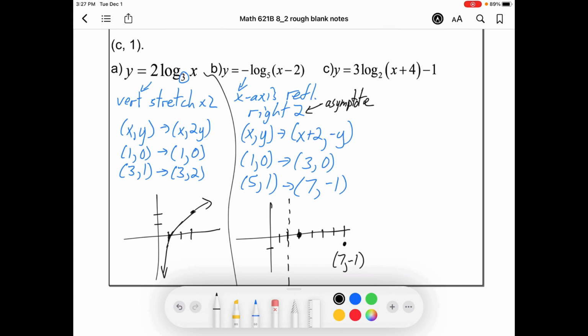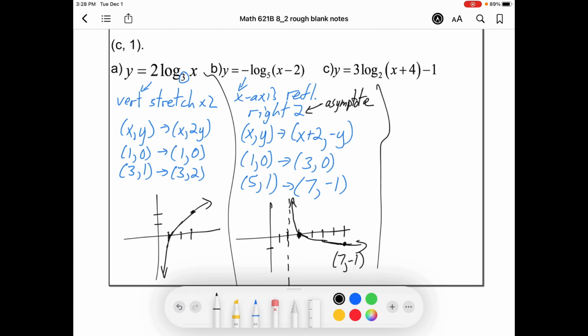And then I just connect those points up with a vertical asymptote. And this graph will go down forever. Some people look at it and think it looks exponential, but it goes down forever. It is a logarithmic graph, not an exponential graph. There's no horizontal asymptote.